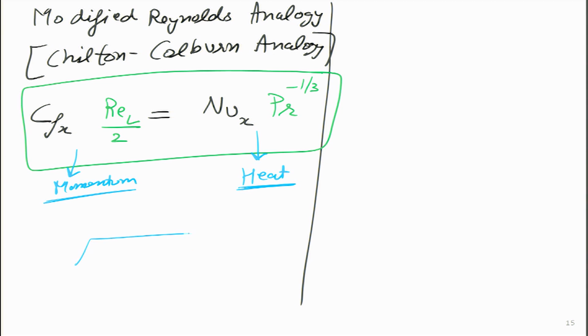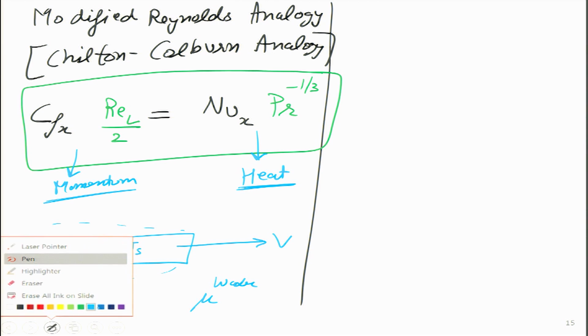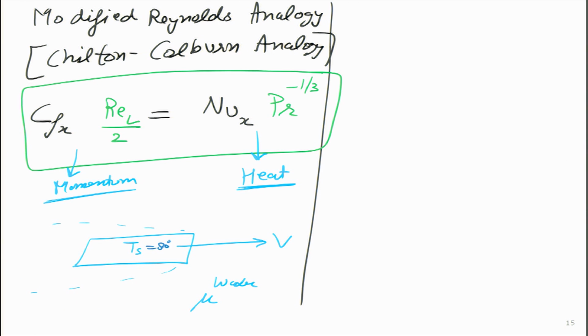So, if we have some sort of a plank or something which is floating, I am pulling it with some velocity over here. This is in the river, so some wake is being formed over here. This is water around here, then some viscosity I know. The surface is having higher temperature Ts. Let us say it is at 80 degrees. The water is cold, 10 degree.